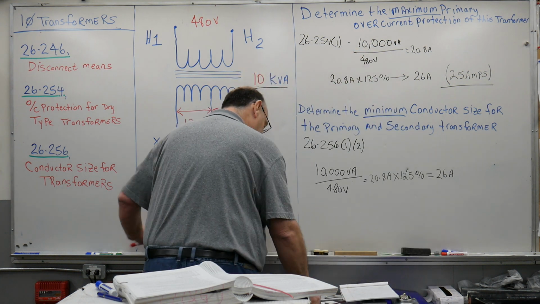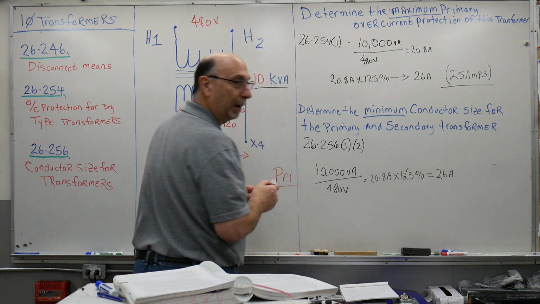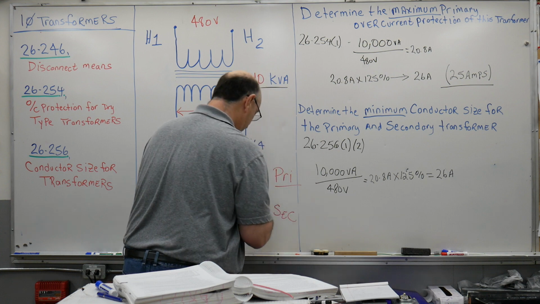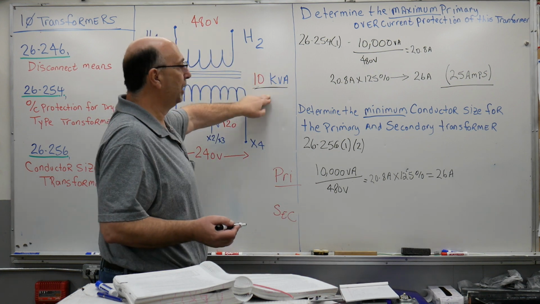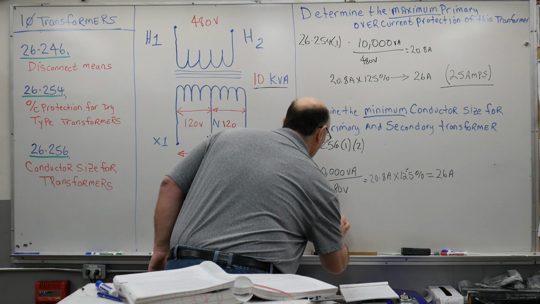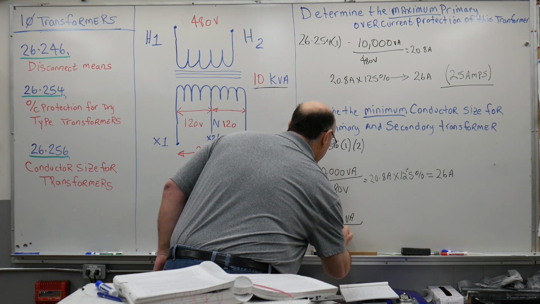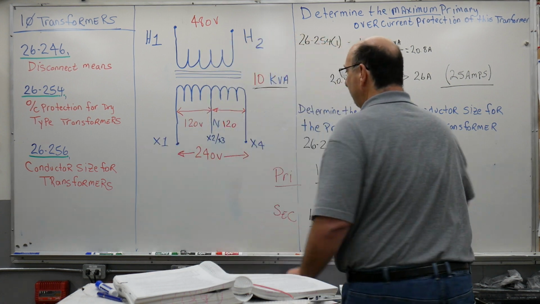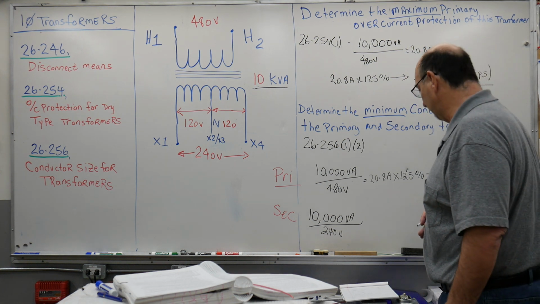So we will just write primary right here. Next is our secondary. The transformer is still rated at 10 kVA or 10,000 VA, but this time we divide by 240 volts because that's our line to line on the secondary of the transformer.